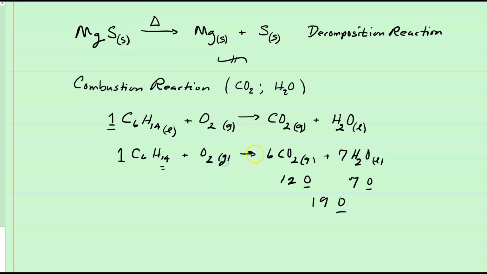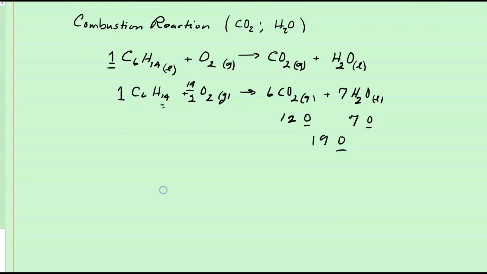So the easiest way to do that, if you recall, is to make the 19 the numerator, and the 2 becomes the denominator, and now it's mathematically correct, but we need to fix it so that it is chemically correct also. So we have to multiply everything through by 2.